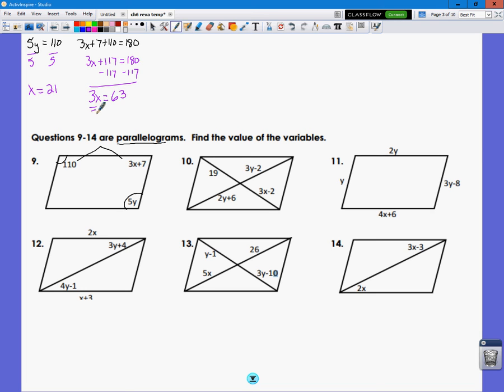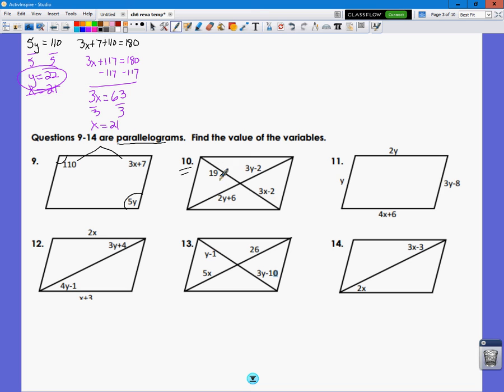And so when I divide by 3, I'm going to get x is equal to 21. I was looking at the wrong part. Obviously, this is y equals 22. 110 divided by 5 gave me my y value. It's what you get for being in a rush because it's chipmunked 3 times on me.